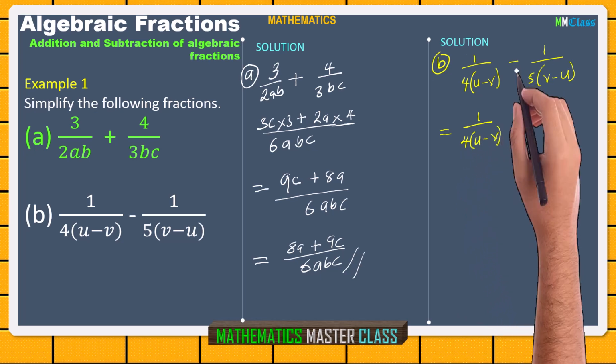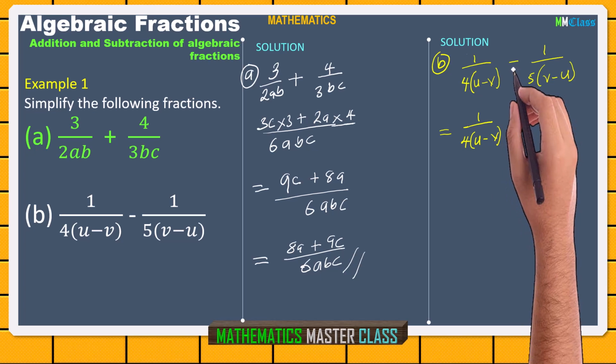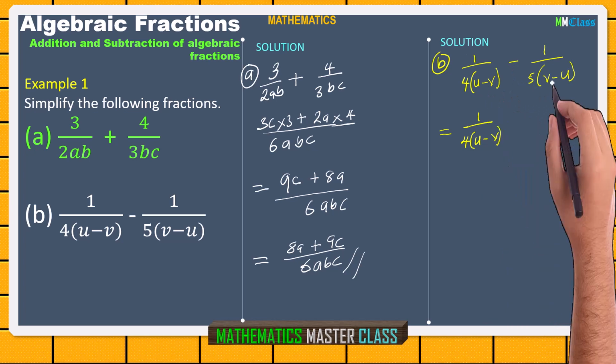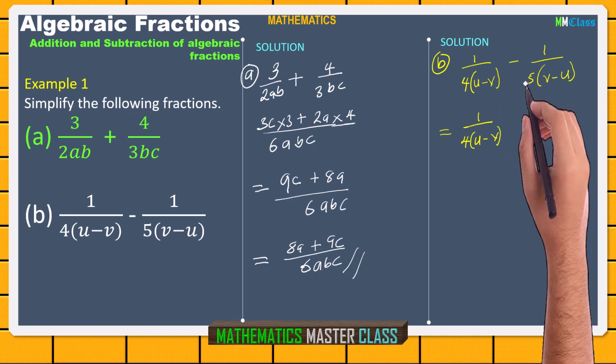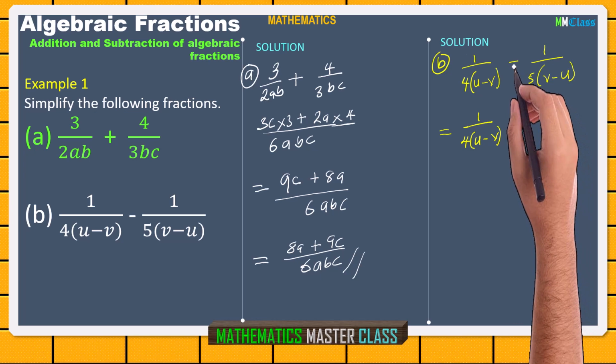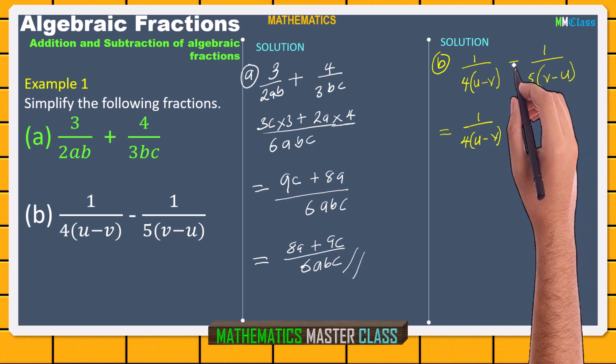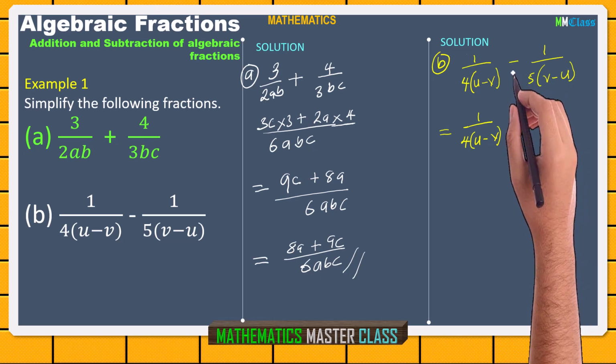Now we are going to turn this minus to plus. You bring the minus outside the bracket here, in front of 5, and that minus will multiply this minus and it will turn into plus.